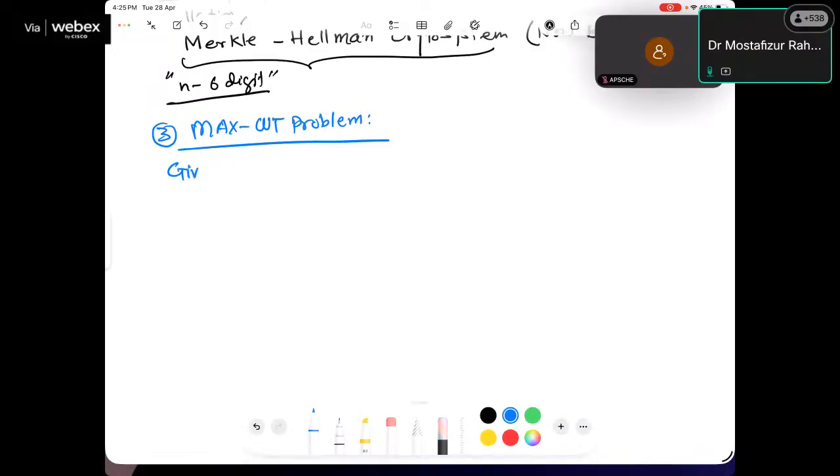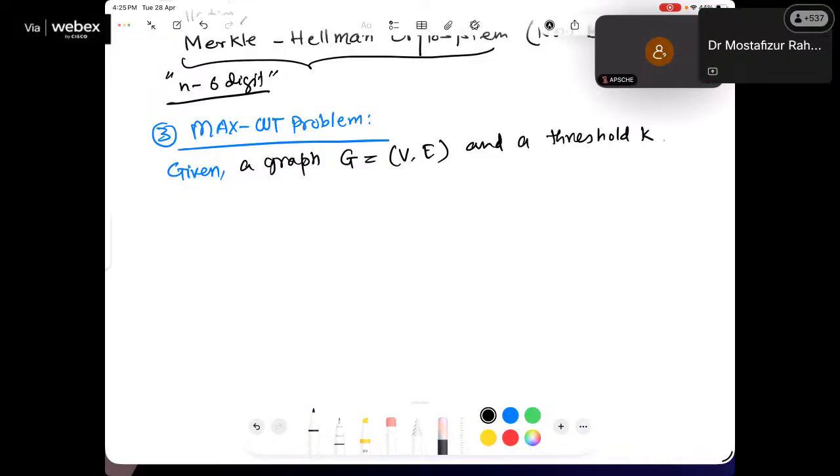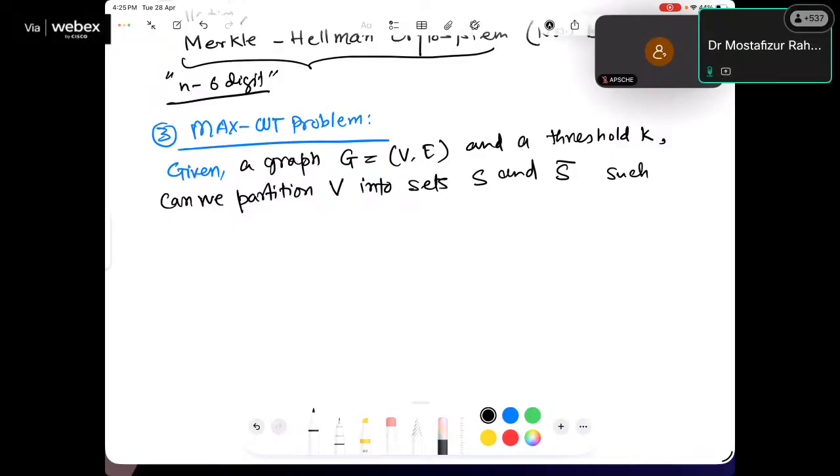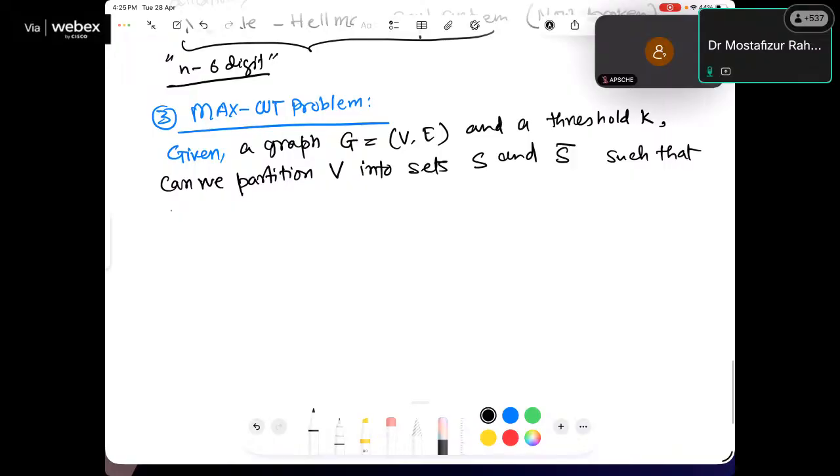Given a graph G, which has two objects, vertices and edges, and a threshold K, can we partition V into sets S and S bar, such that at least k edges cross the partition?